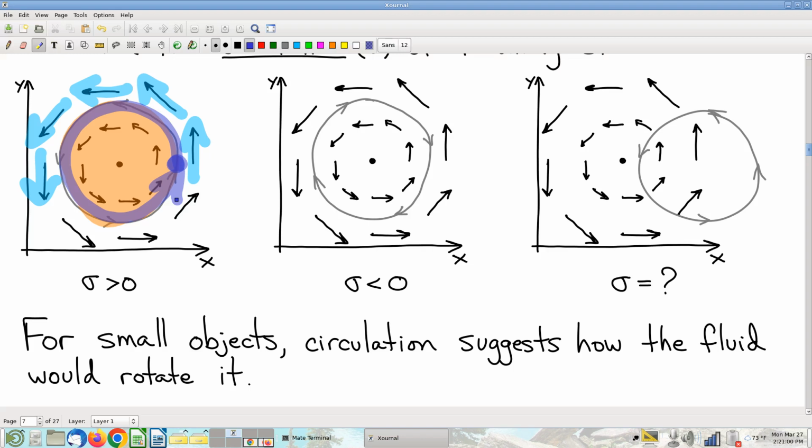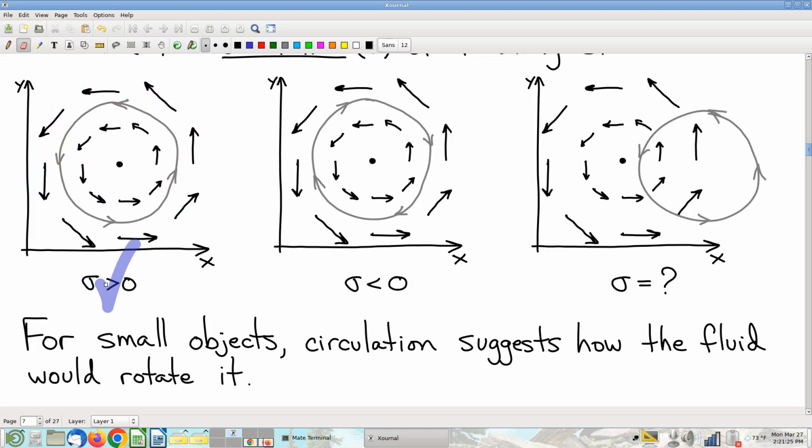And, well, in this case, it looks like a positive amount, right? The water is moving around the boundary of this leaf to a positive degree. And so we have a positive circulation, meaning that we would have a positive rotation of the leaf in that counterclockwise direction. That's just a way to think about circulation.